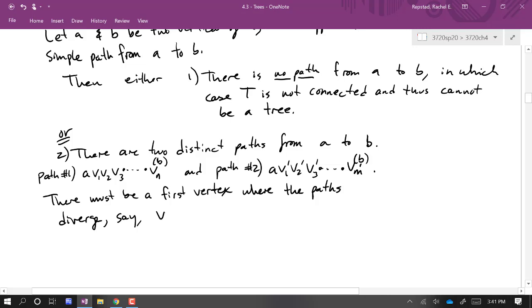Say Vi is not equal to Vi prime. So here's what this looks like so far if I were to draw it. We're starting at vertex A, and then this path goes to V1, V2, V3, and maybe for a while these paths are the same, right?